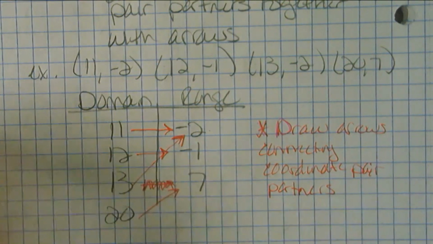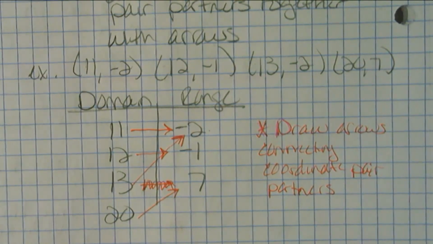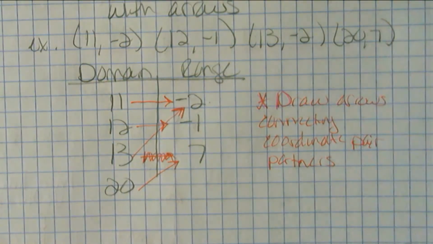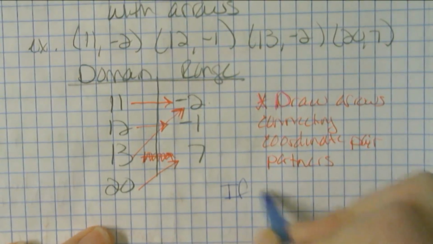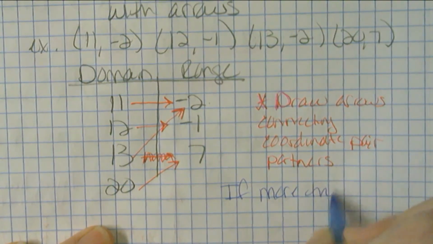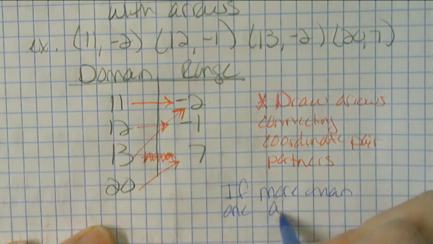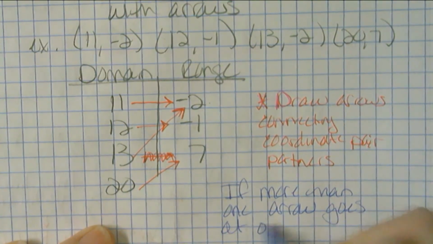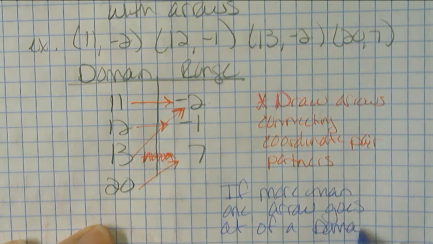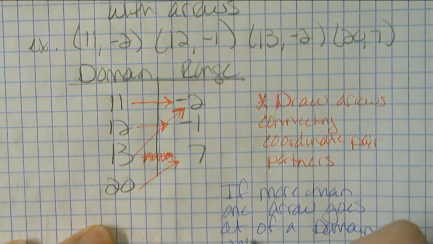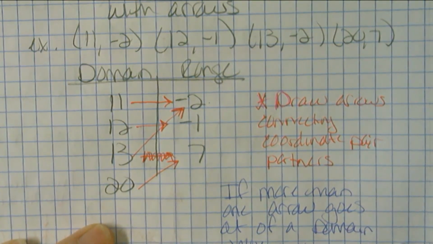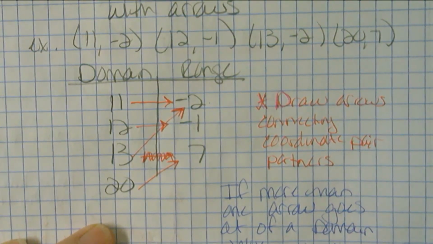This is how we determine if a relation is a function, or if a mapping diagram is a function. If more than one arrow goes out of a domain value, the x value is repeating.